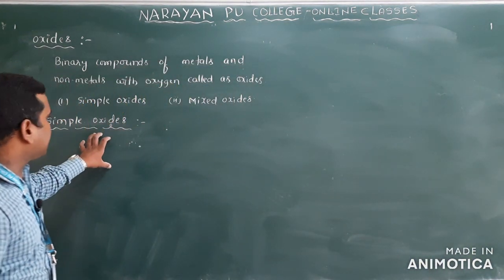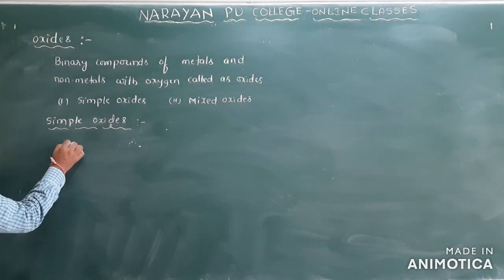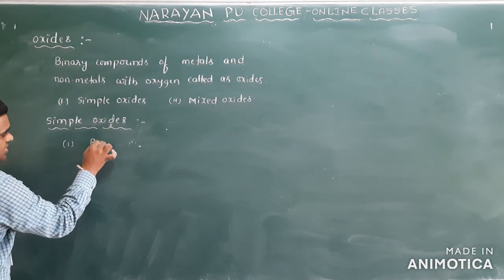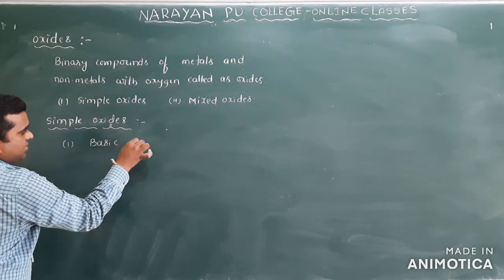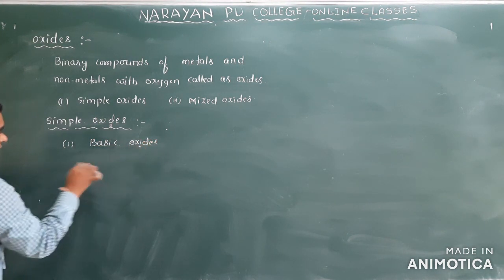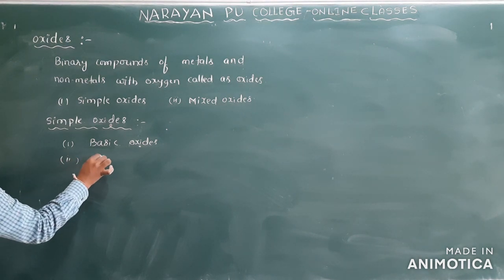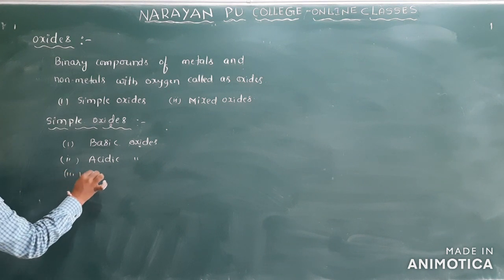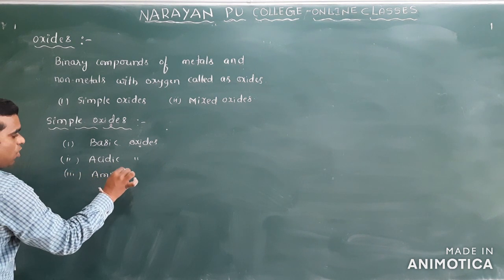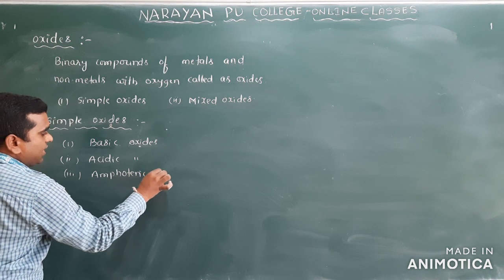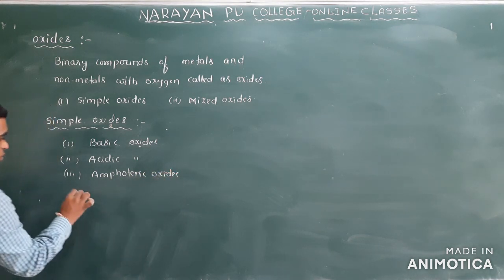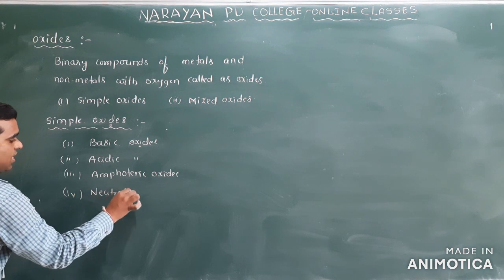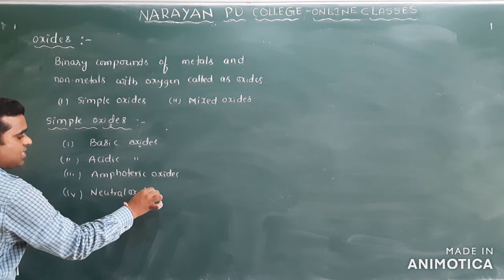One is basic oxides, and the second one is acidic oxides, and the third one is amphoteric oxides, and the fourth one is neutral oxides. Clear? So these are four oxides.